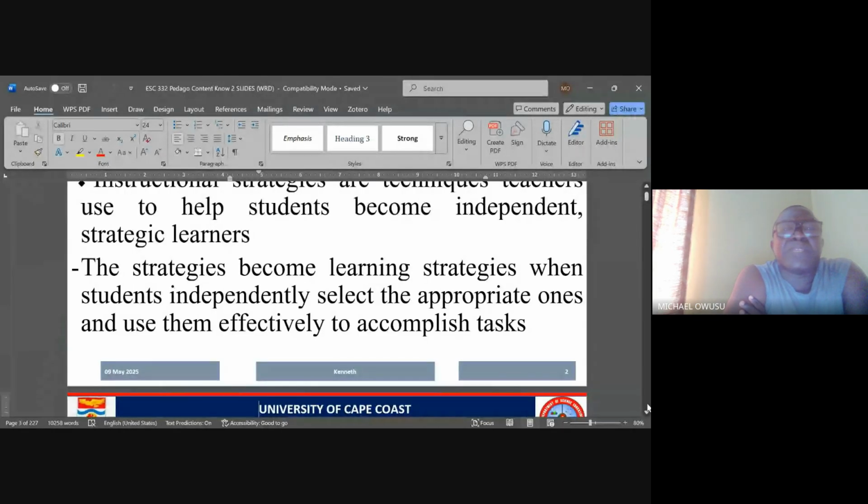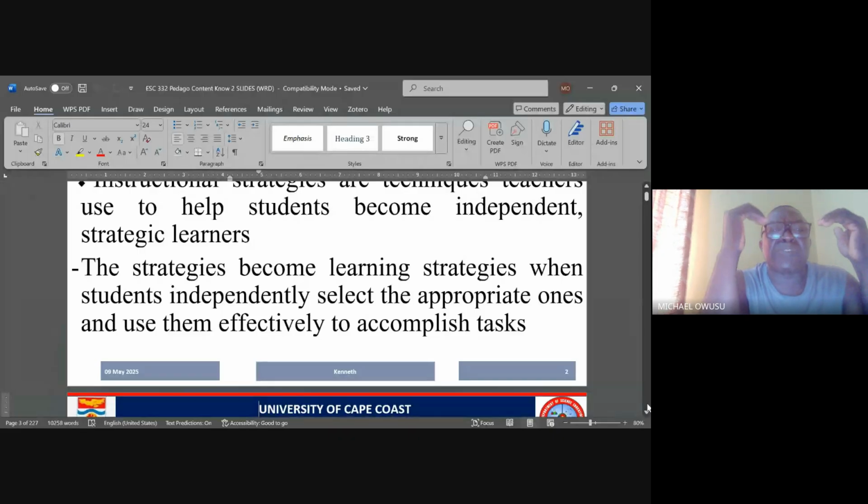When we talk of students becoming strategic learners, we are talking about students independently selecting the appropriate strategies and using them effectively to accomplish a task. In the classroom, you give your students so many instructional strategies, so many techniques, and make them open to them.